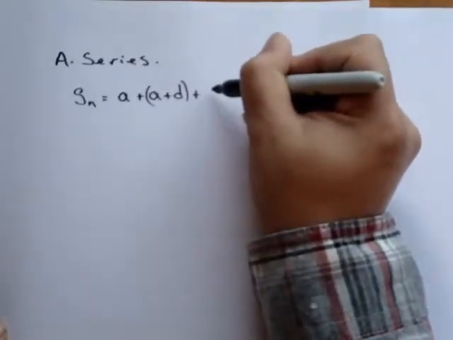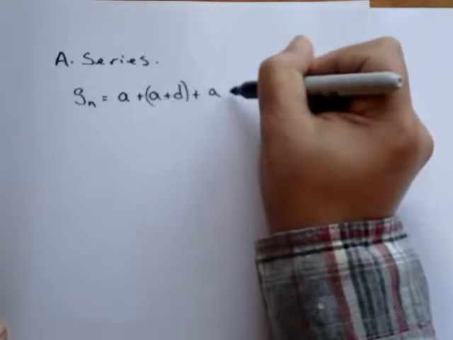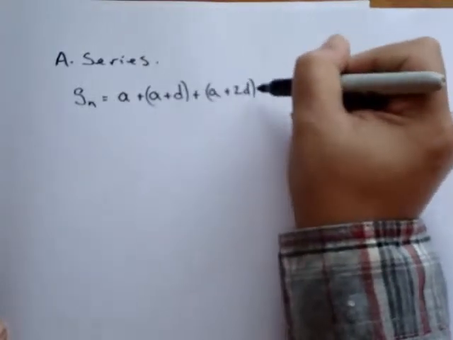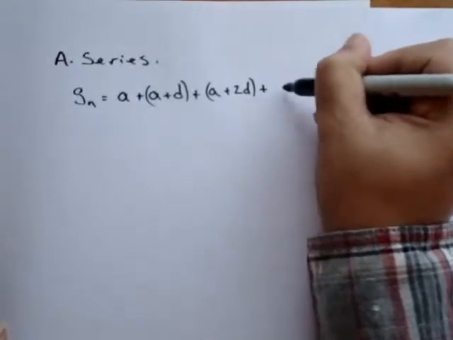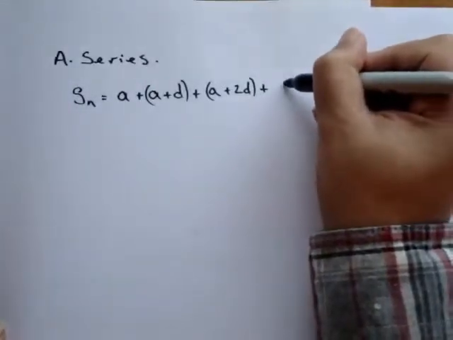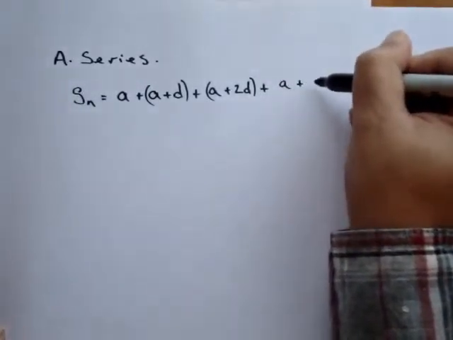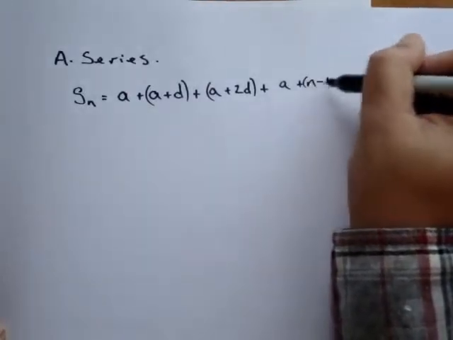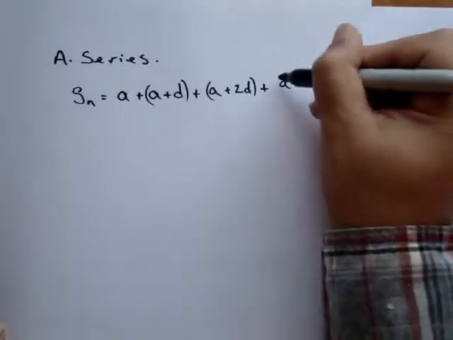The third term becomes a plus twice the common difference, and then the nth term is a plus n minus 1 times the common difference.